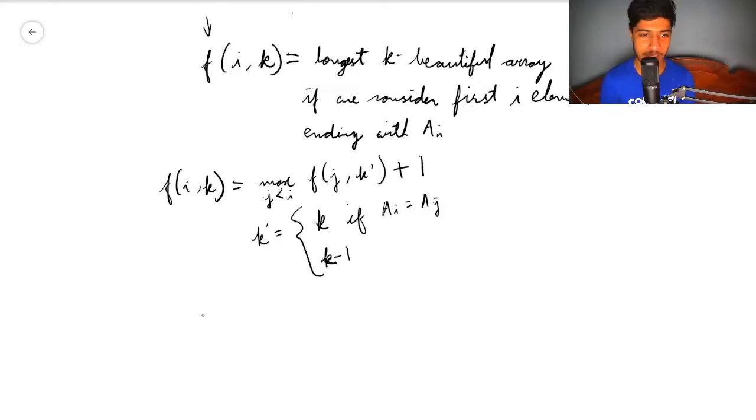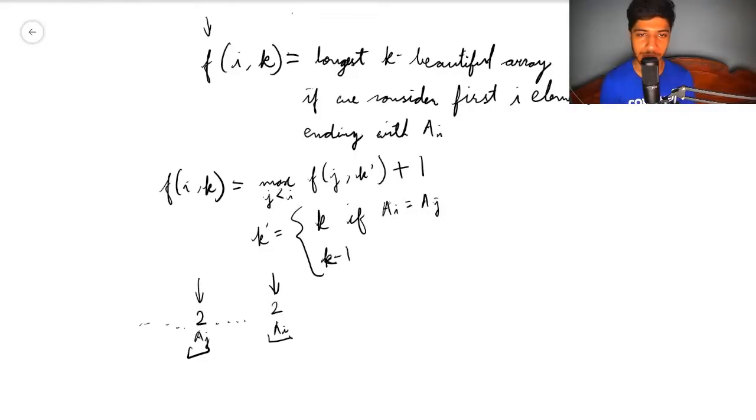So let's say a_j is 2, and before that there are some elements, and then this is my a_j and this is my a_i, which is also 2. So a_j is my second last element in the subsequence that I want to take, and a_i is the last element. If till here this is k-beautiful, then till here it is also k-beautiful. That is why we take f(j, k) plus 1. Why plus 1? Because we are adding a_i to that subsequence, so we are increasing the size by 1.